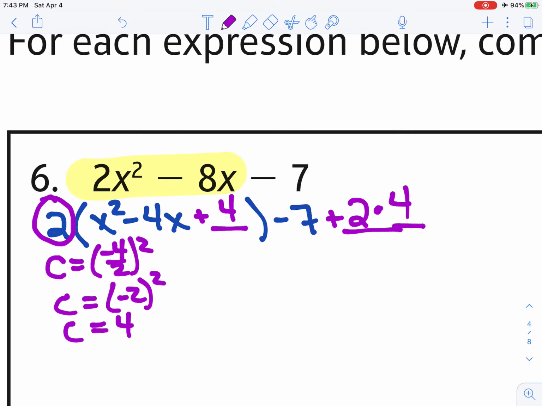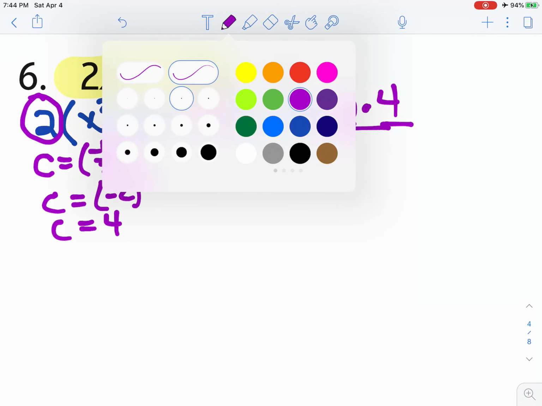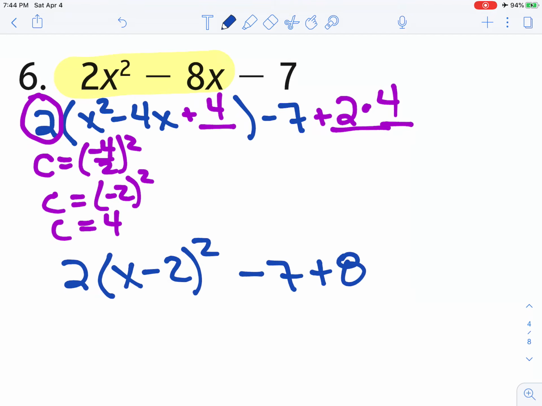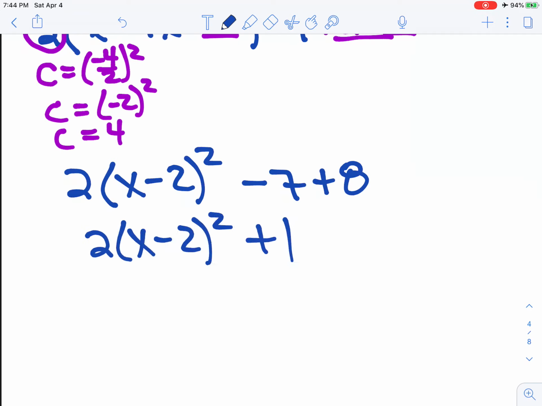So that's going to be 2 times 4. So I take the 2. I have x minus 2 all squared, minus 7 plus 8. So 2 parentheses x minus 2 all squared plus 1.